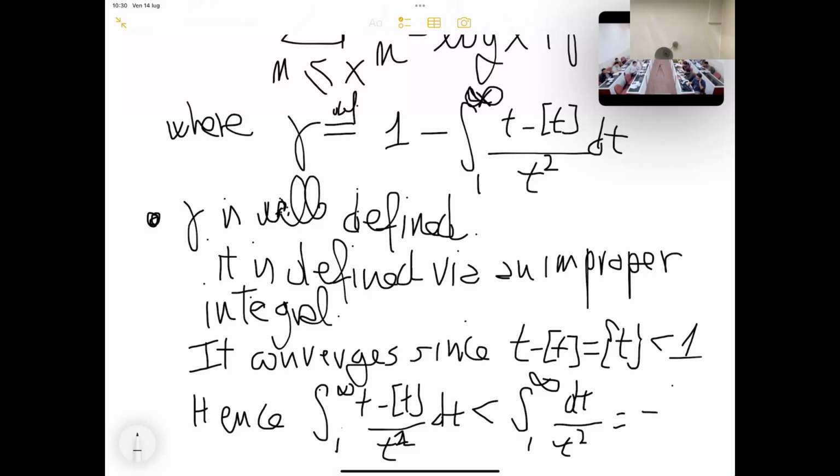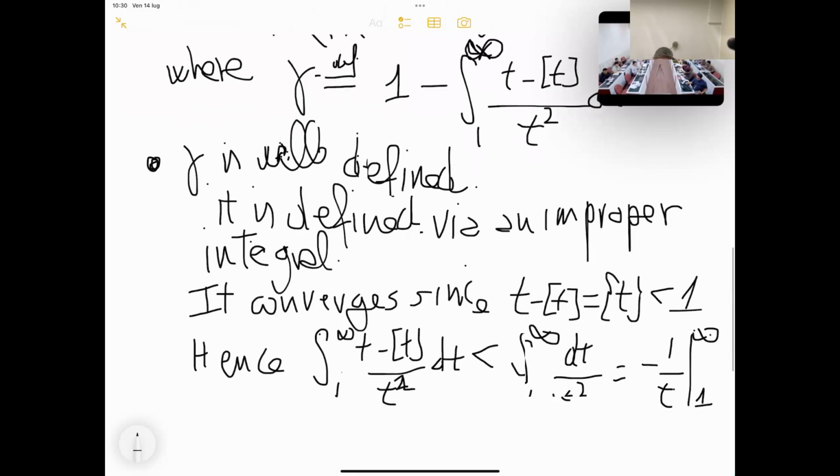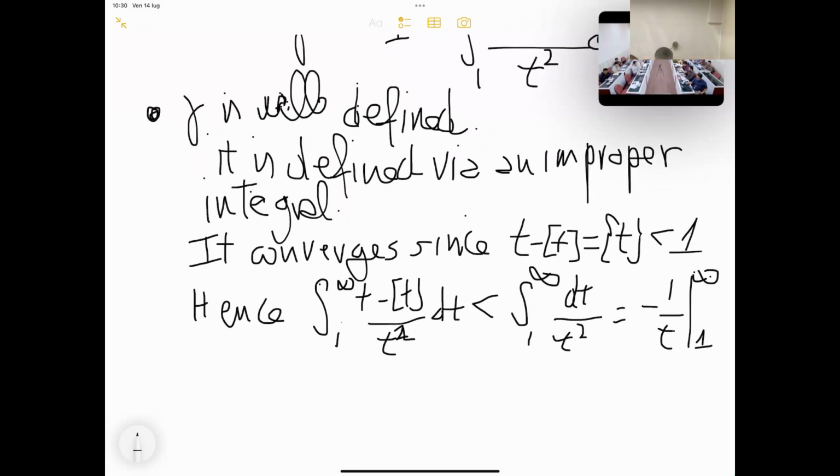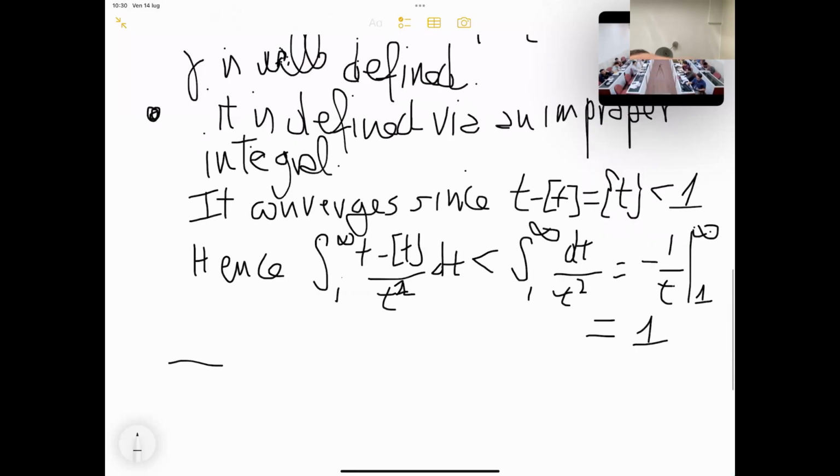This is minus 1 over t computed between infinity and 1. Okay, and this is actually 1, right? So the integral is smaller than 1, and it converges. And this implies, of course, that gamma is bigger than 0, and it is well defined.